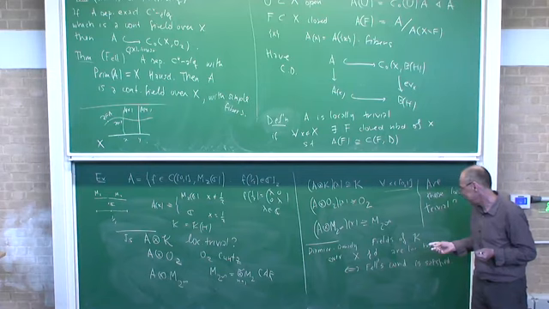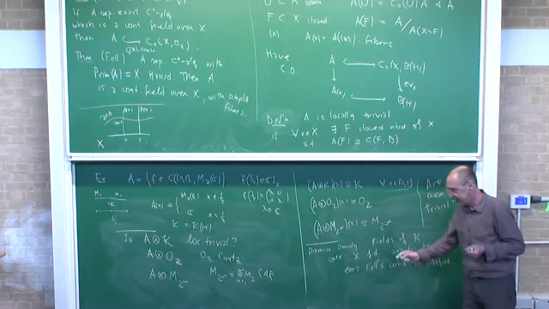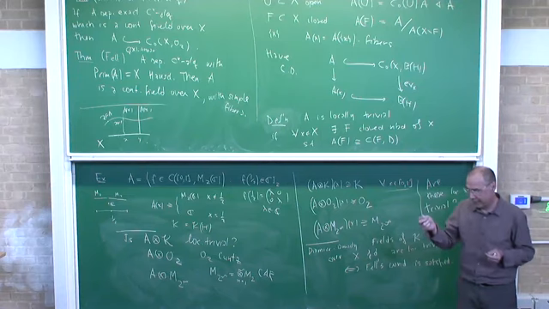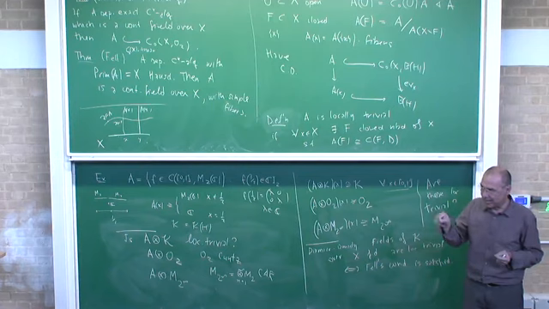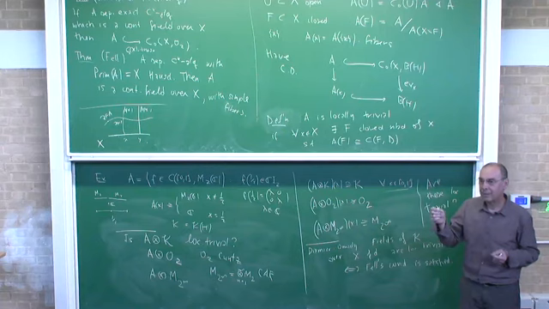Fell's condition asks that around each point you find an element of the continuous field such that if you restrict that element to some small neighborhood of the point, you get a projection of rank 1.